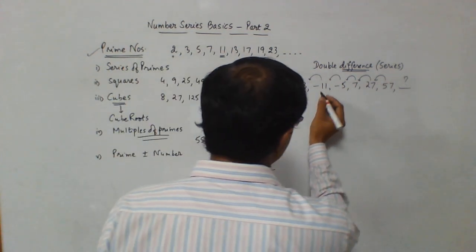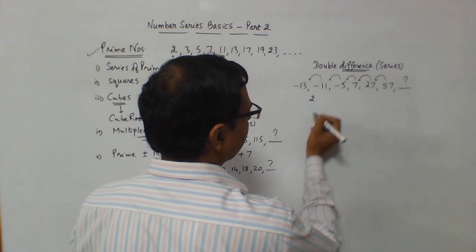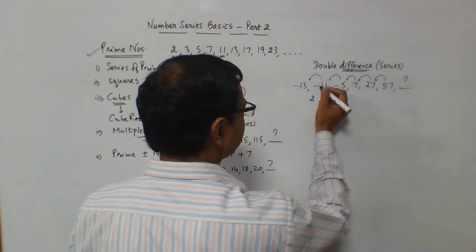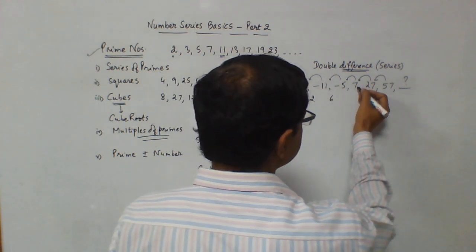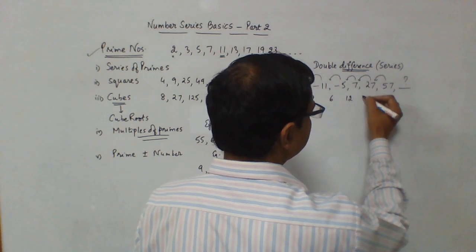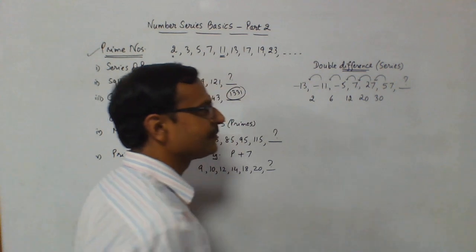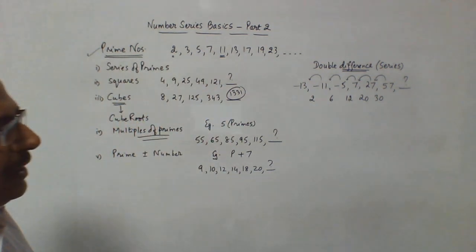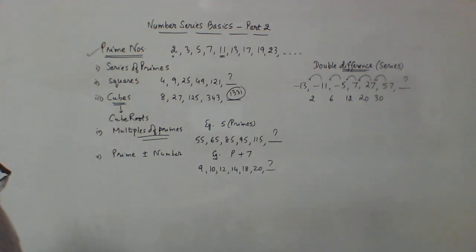Let's take the difference here. Minus 11 minus minus 13 is 2. Minus 5 minus minus 11 is minus 5 plus 11, 6. 7 minus minus 5 is 12, then 20, 30. So this is the difference. And now if you see carefully, you will find the answer here itself.